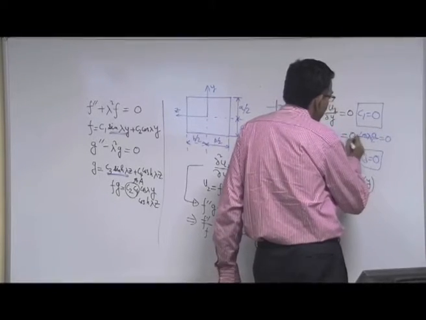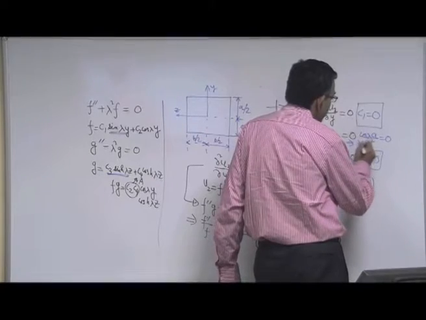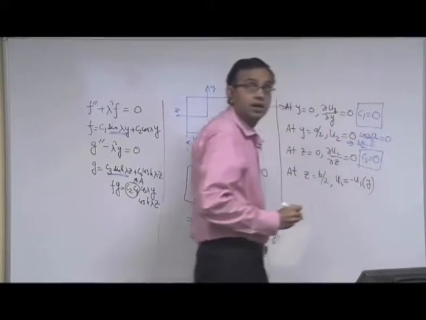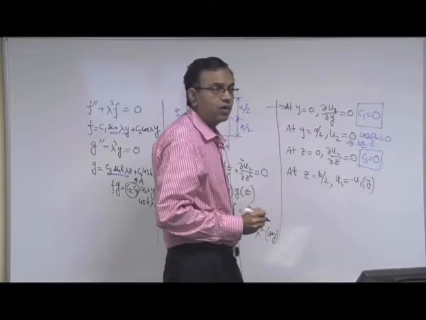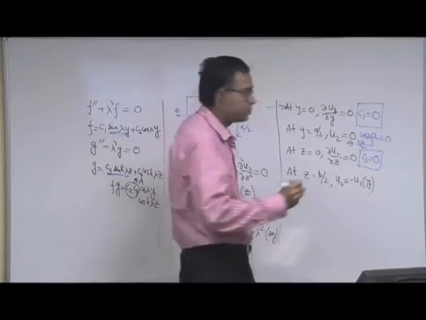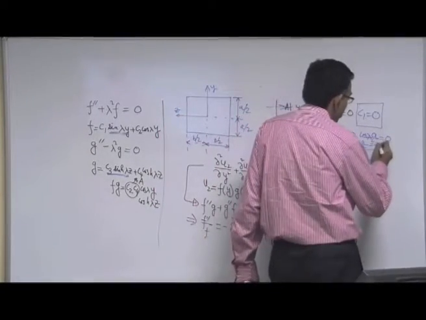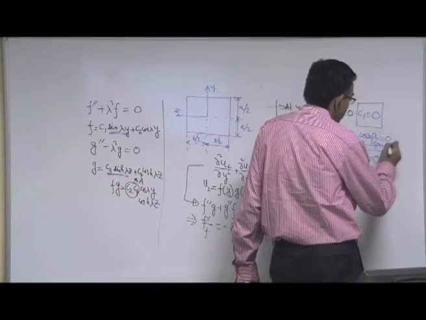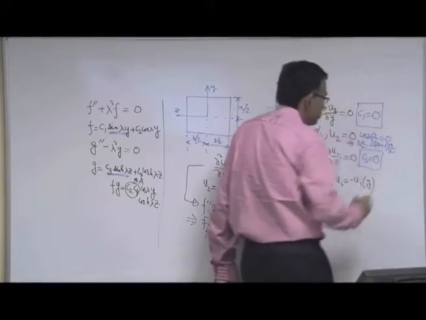What does it mean? It means lambda a by 2 is equal to an odd multiple of pi by 2, (2n plus 1) pi by 2.